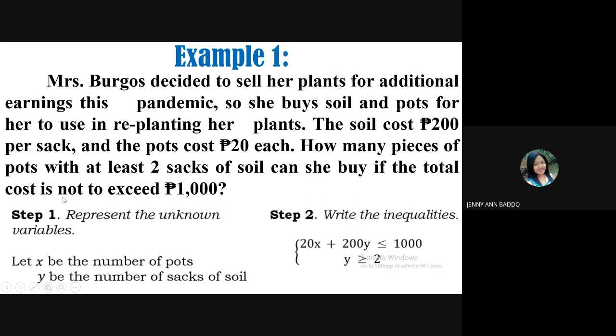Since the term used is not to exceed, we have less than or equal to 1,000. So that's the first linear inequality.